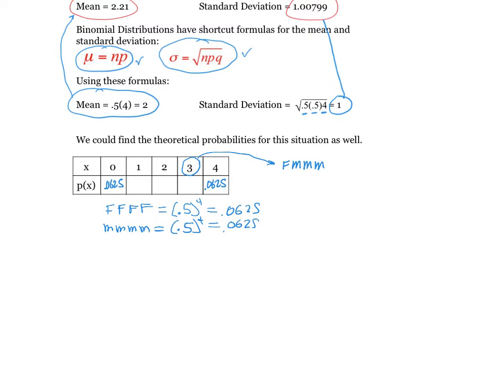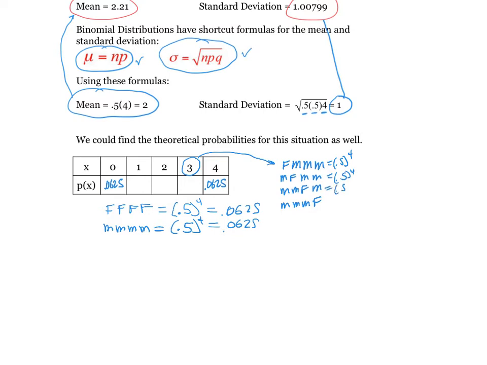So this is one option, that I would get the female first, but I could also get the female second in the group, or third in the group, or 4th in the group. As long as it has 3 males and 1 female, it fits this, X being the number of males in my family. So obviously each one of these has a 50% chance, so it's still 0.5 to the 4th for each of these.